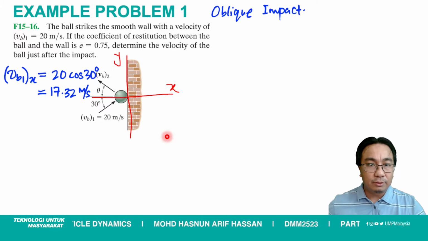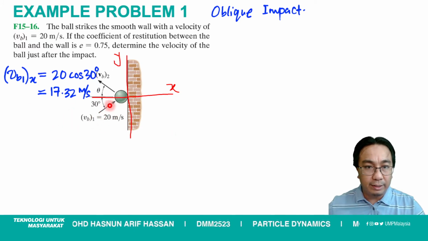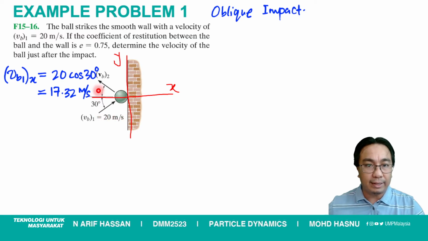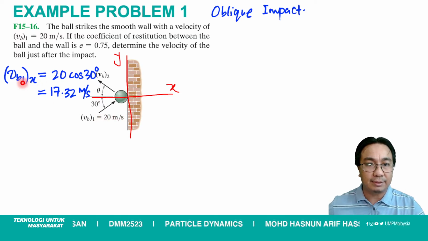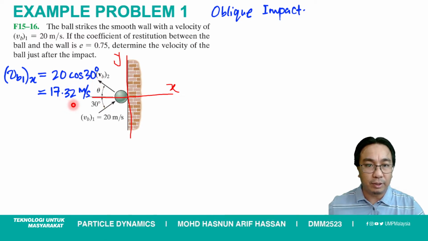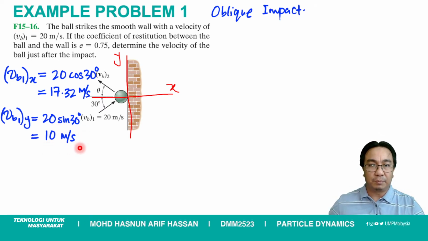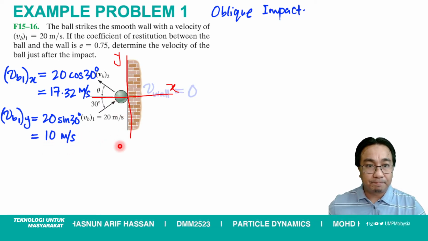Okay, so then we need to resolve VB1 into x and y axis. So we have VBx is equal to 20 cos 30 degrees, 17.32, and VBy is 20 sin 30, 10 meter per second, right?